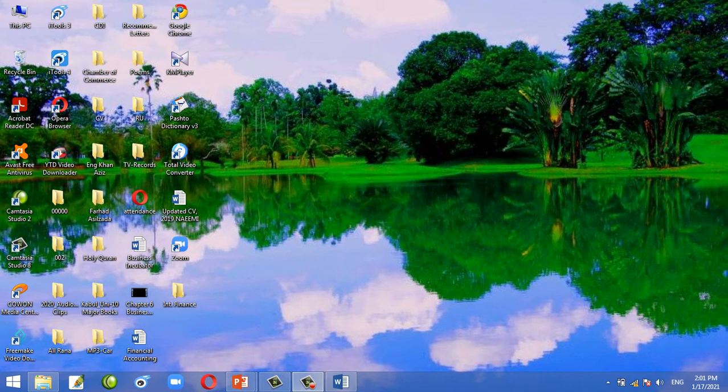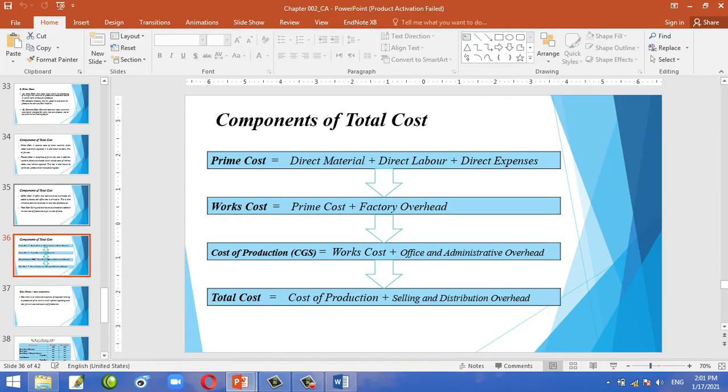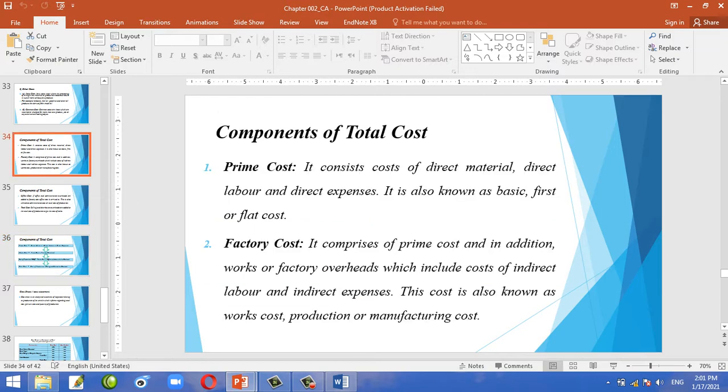In today's lecture we are talking about components of cost. If you remember, in the previous lectures we talked about classifications of the cost, that we have different types of the cost. We had the natural classification of the cost.